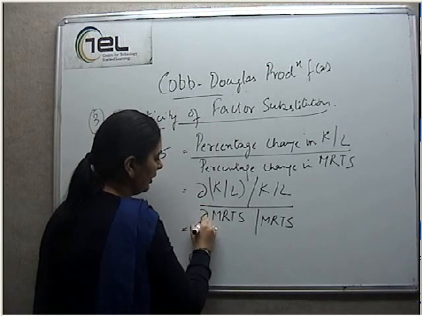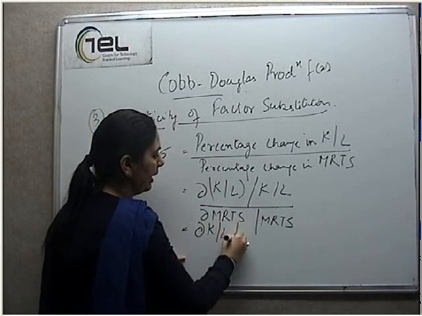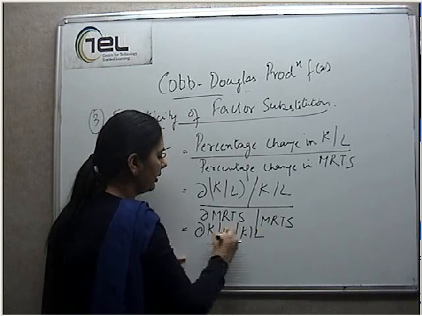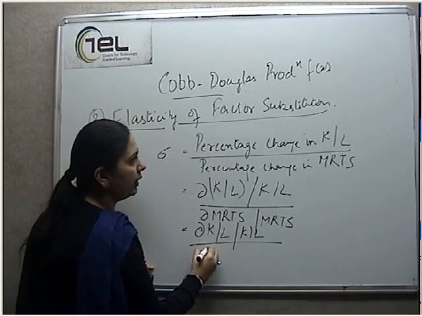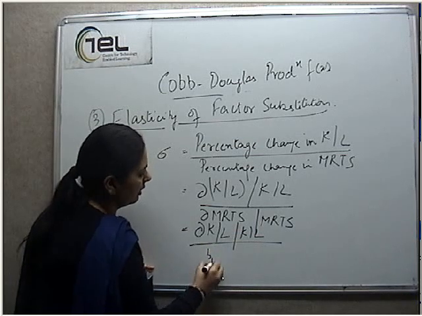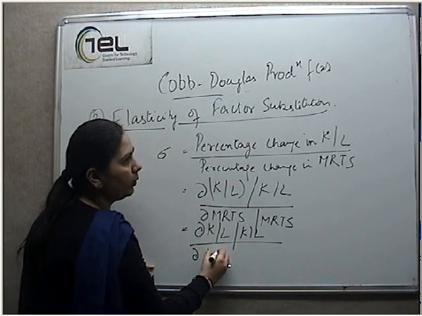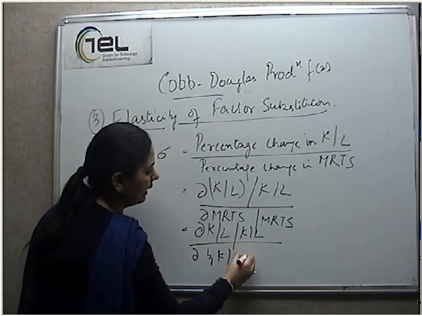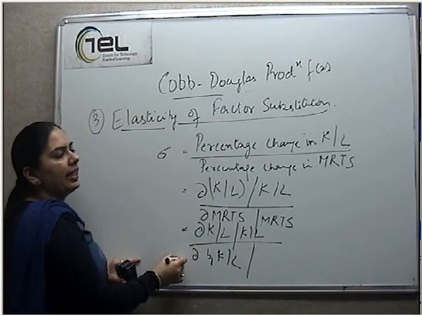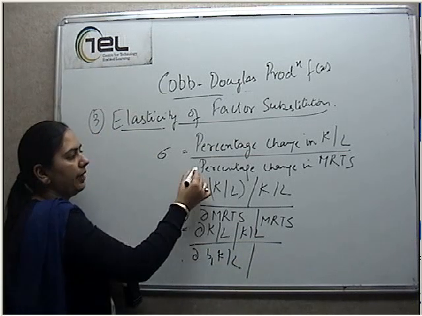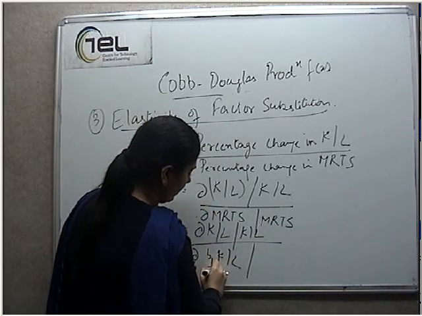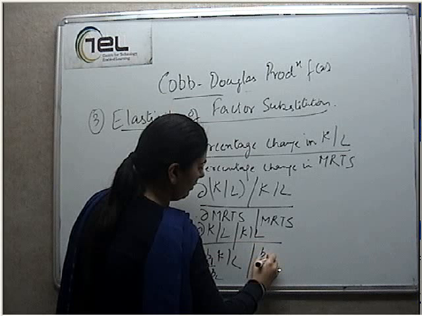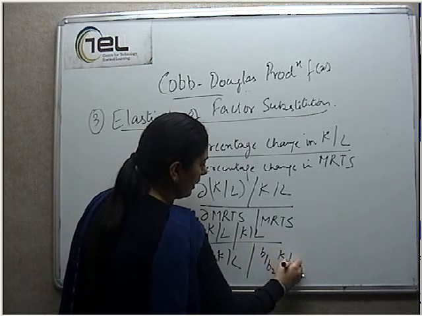So I'll write again here delta K by L upon K by L. This is my same numerator which I have copied, and here it will be delta of B1 by B2 K by L, upon B1 by B2 K by L. I have taken this delta because of the delta sign which was there in delta MRTS.